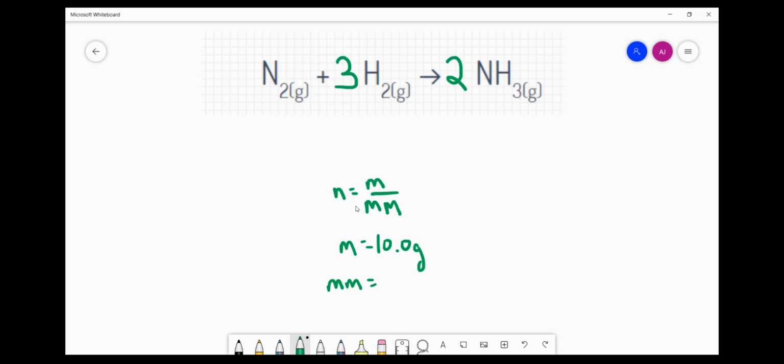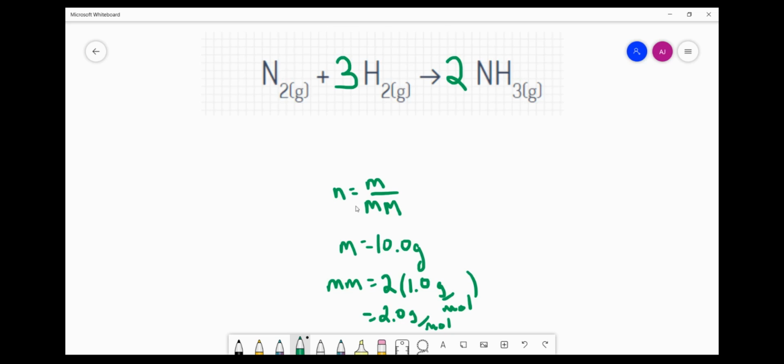Let's recall that the molar mass of hydrogen is equal to 2 times the molar mass of the hydrogen atom, or 2.0 grams per mole.